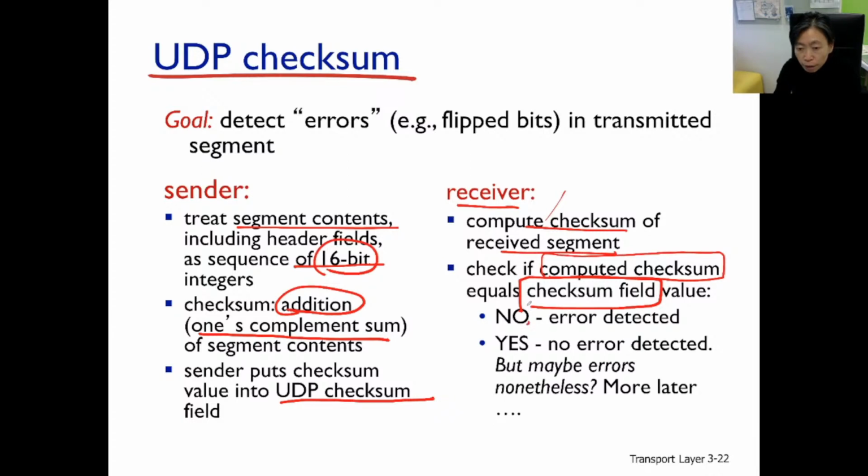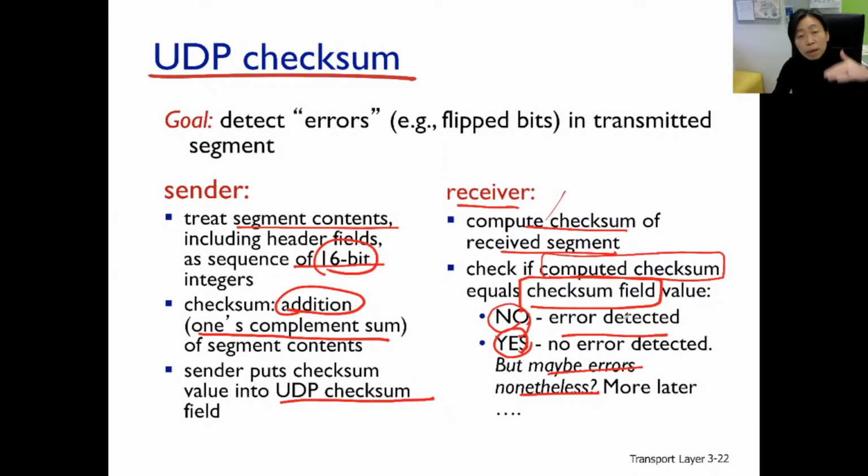So if this equals this, then there should not be an error. But be careful, there could be specific bit error patterns that the checksum might not detect. So maybe there is an error, but the chance is very low. Otherwise, if the checksums do not match, there's clearly some error.